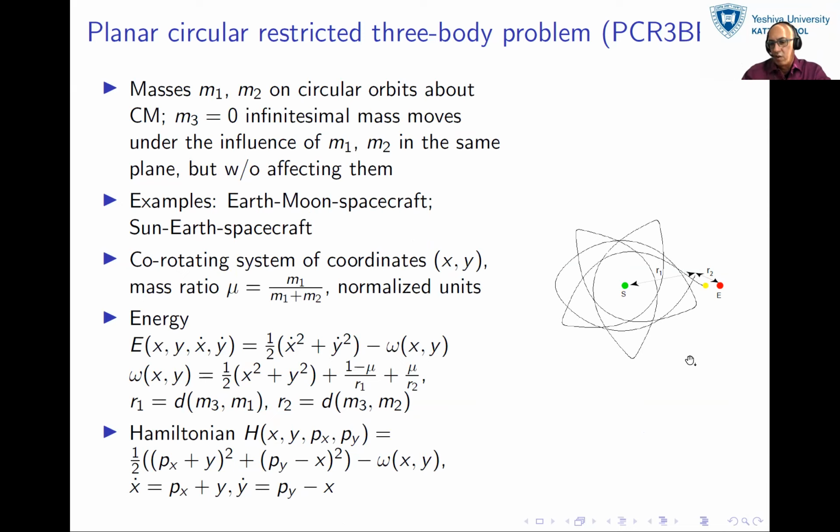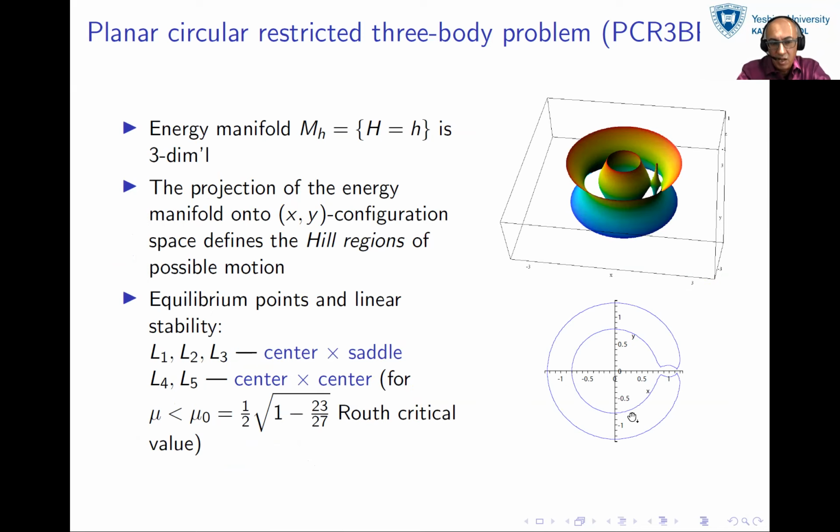So you are in 4 dimensions, and the energy manifold means that you fix an energy level. You put a restriction by a single equation on what kind of motions you're looking at. When you put a single restriction, you get a 3-dimensional manifold, which is the energy manifold. So it's a 3-dimensional manifold in a 4-dimensional space.